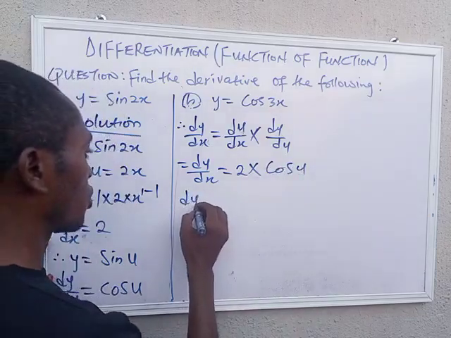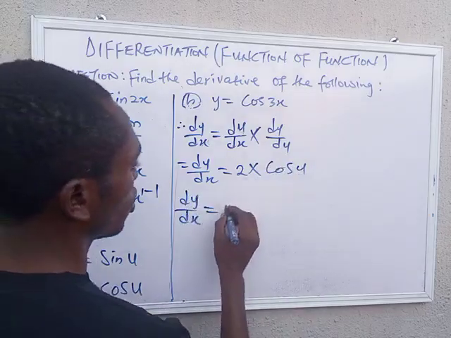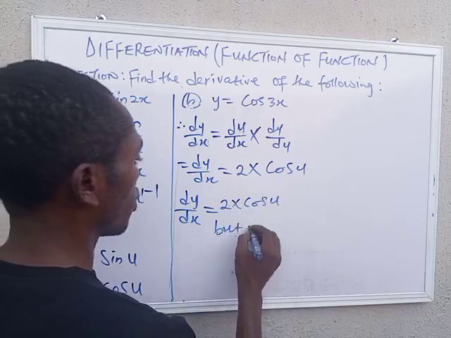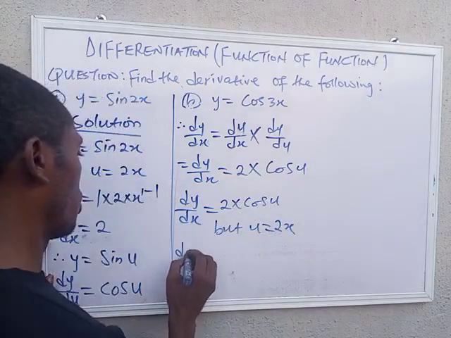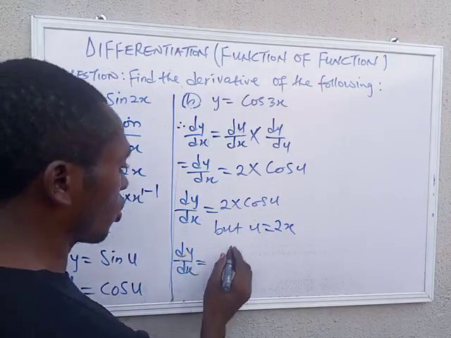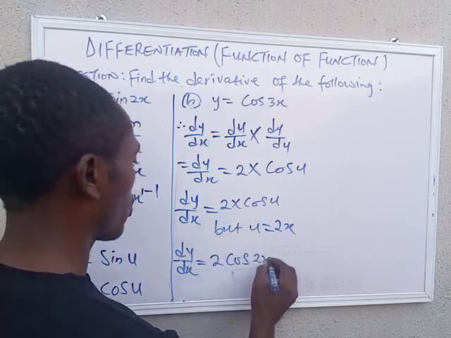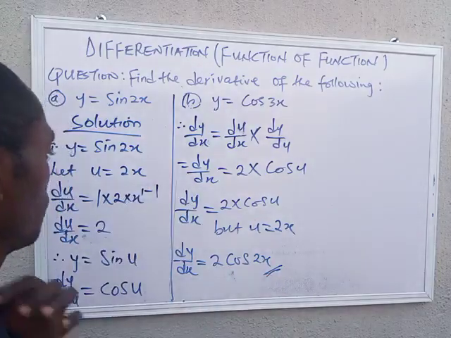So dy dx is going to be equal to 2 times cos u. But our u is the same thing as 2x. So we're going to have dy over dx equal to 2 cos 2x. And this is the answer to this question.